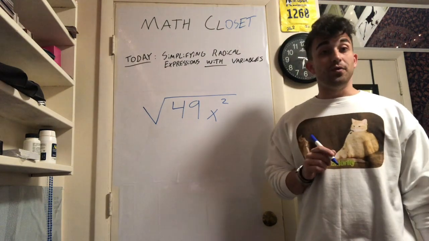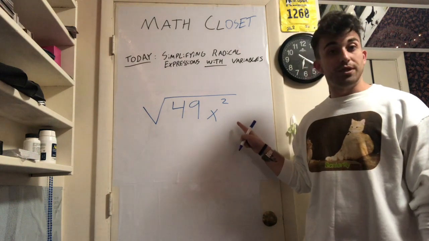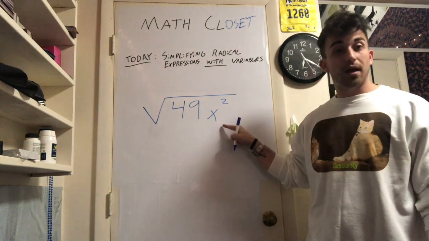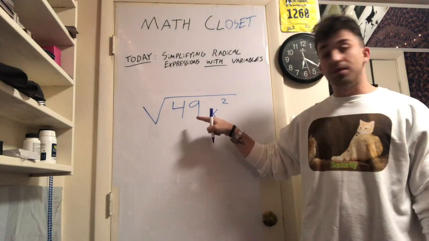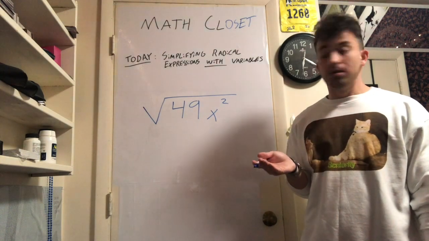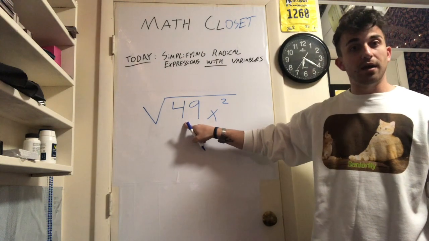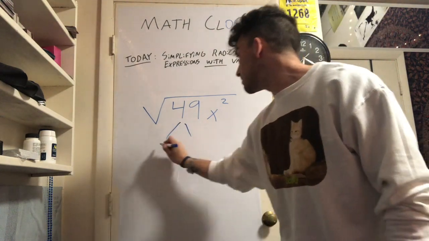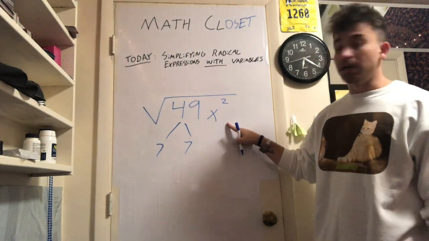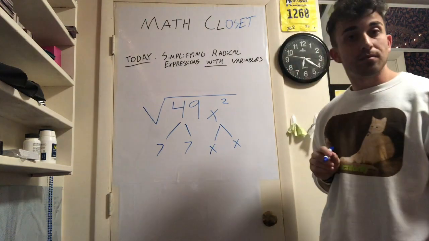I'm going to walk you through a few examples of this so you can see how it works. This one's pretty straightforward. Here we have a radicand of 49x squared, so we're dealing with a number and a variable. But we just break them down piece by piece. I know 49 is 7 times 7, and I have x squared, and just like we talked about, x squared is x times x.